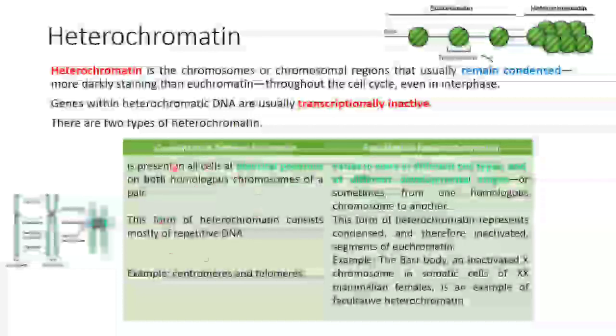The constitutive one, guys, represents heterochromatin that is always present at identical positions on both homologous chromosomes. If you look at the homologous chromosomes, at the position of the telomeres and the centromeres, these regions are not always exactly in the same position between homologous chromosomes.